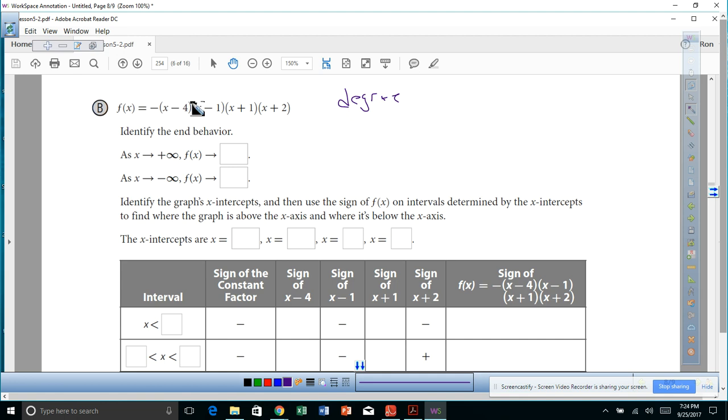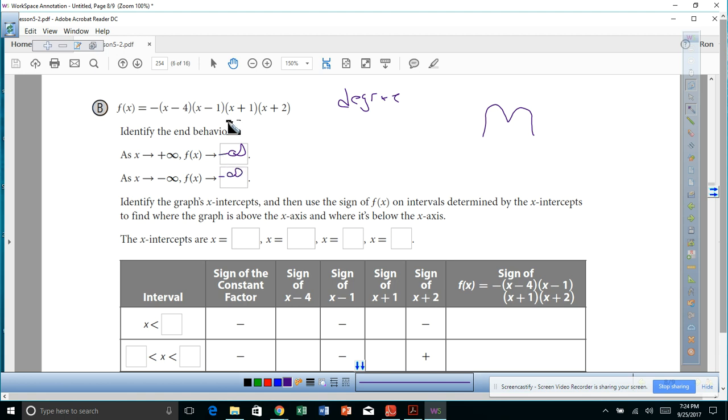Also notice that you got a negative in front of here. So that means that fourth degree, it's going to look something like that maybe. So that's going to be negative infinity and negative infinity.